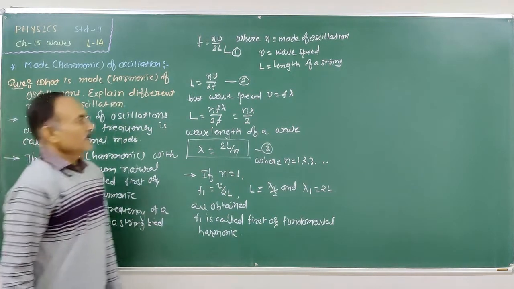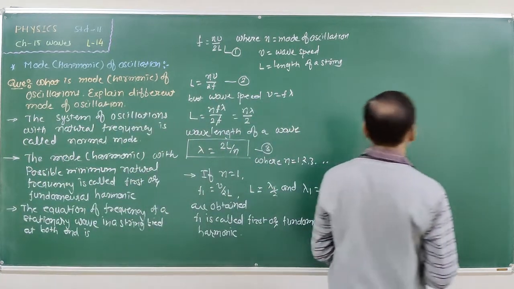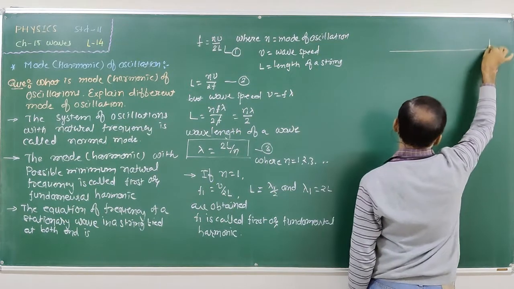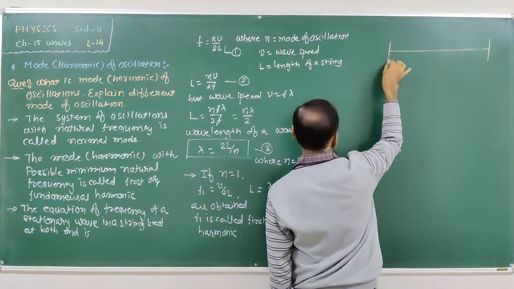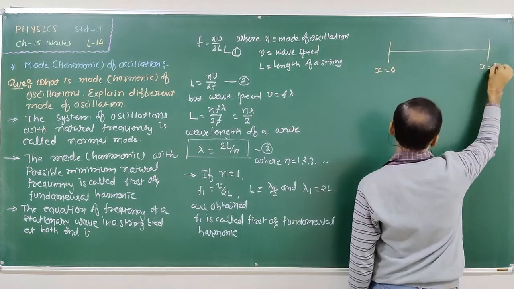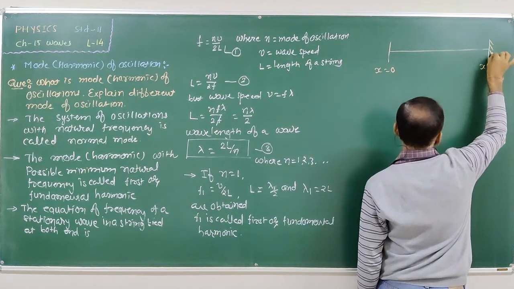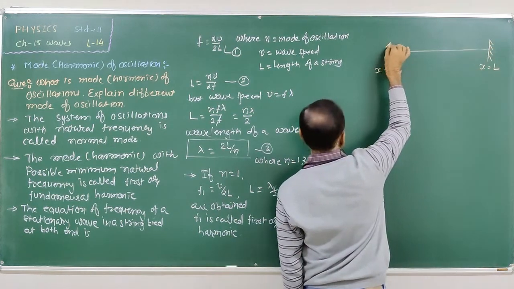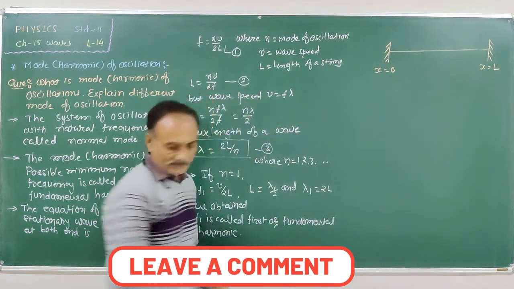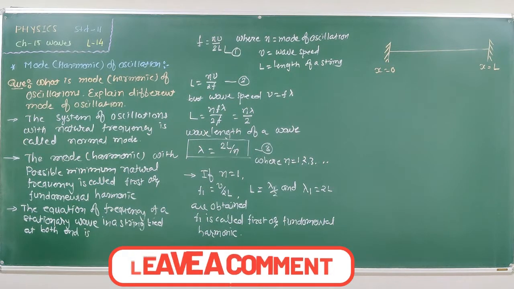In a string of length L, we obtain this fundamental harmonic. The two ends are tied at the supports, x is equal to 0 and x is equal to L. Therefore, the string oscillates in this way.